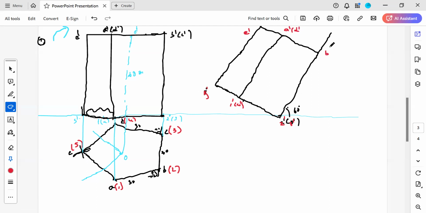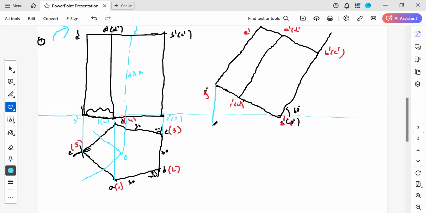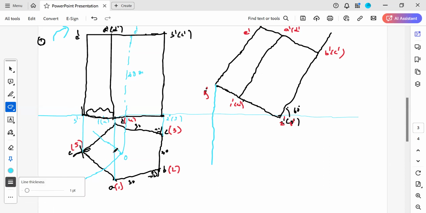This will be B dash of C dash. Now you take the projections from each point. For example, you take the vertical projection from 5, and you take the projection from 5. The intersection point is the 5 point. Similarly, you take the projection from 1 and 4.